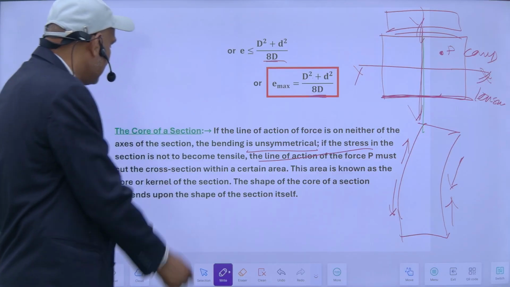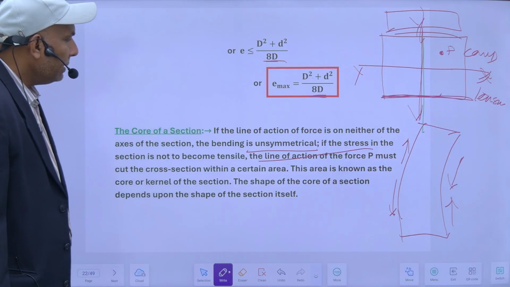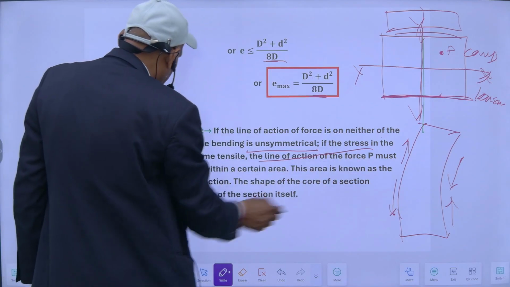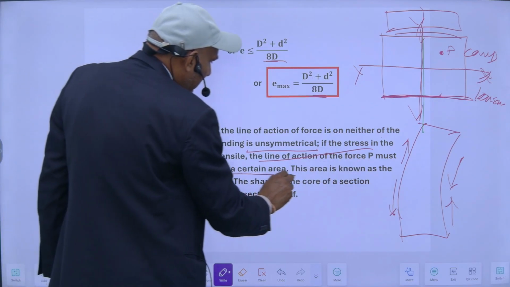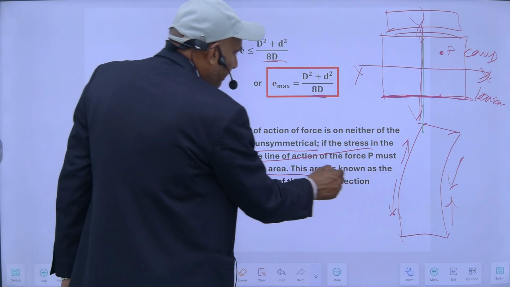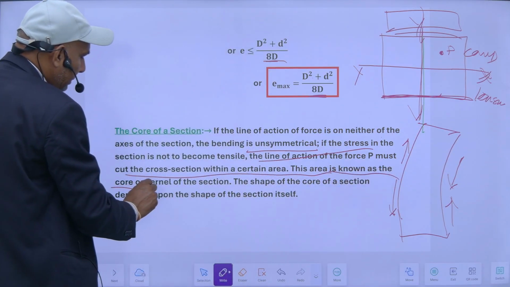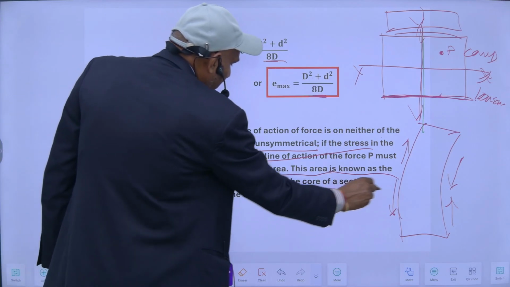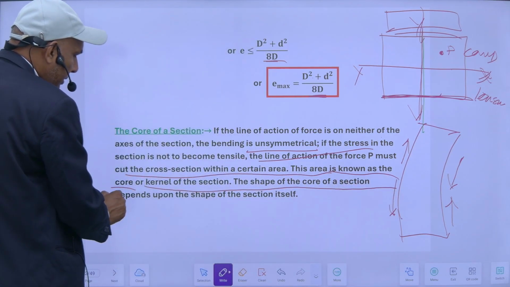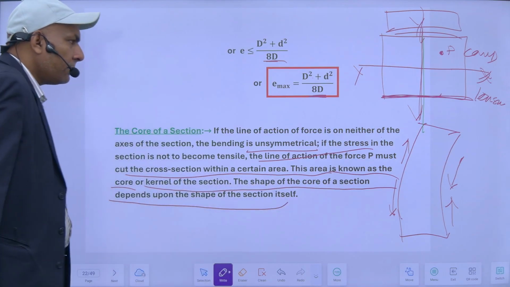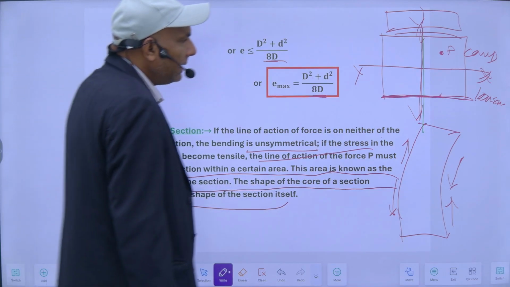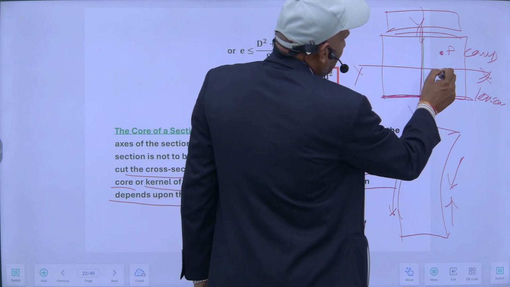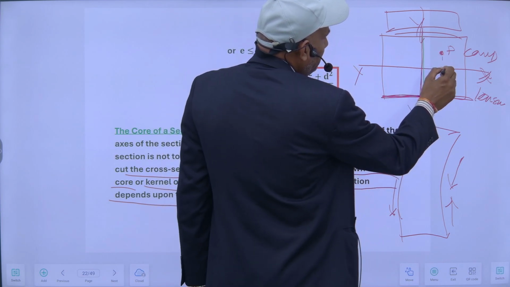So if the stress is not to become tensile, the line of action of the force must cut the cross section within a certain area. This area is known as the core or kernel of the section. The shape of the core or kernel of a section depends upon the shape of the section.